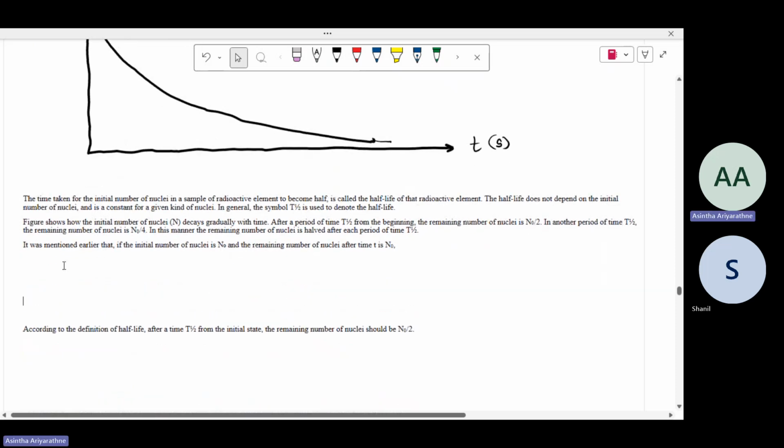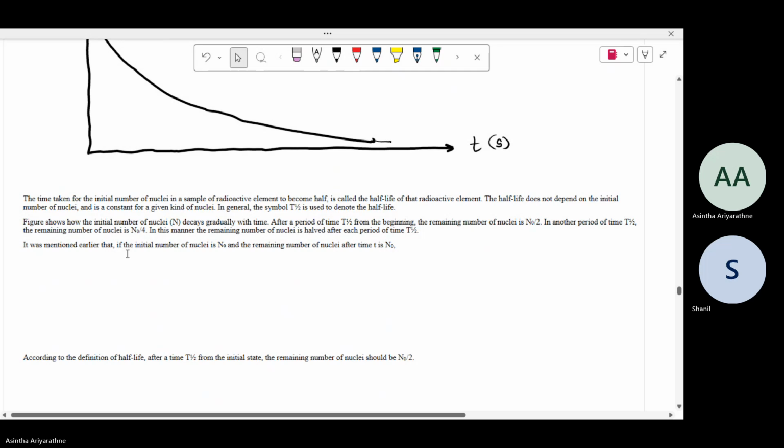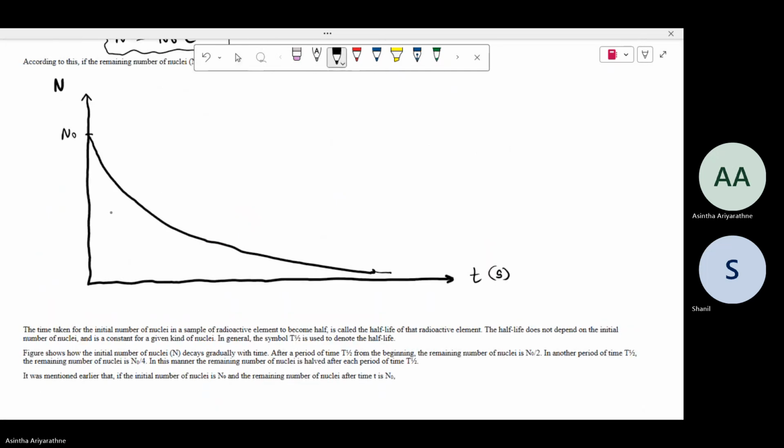Right, so let's consider the instance where N becomes N naught over 2, which means half of the initial number of unstable elements.